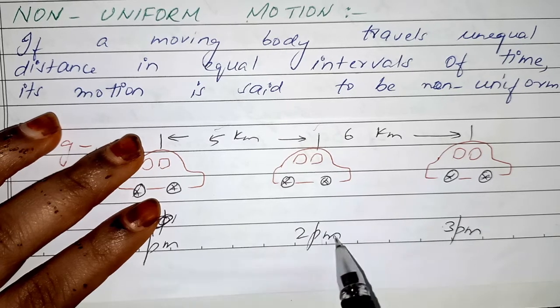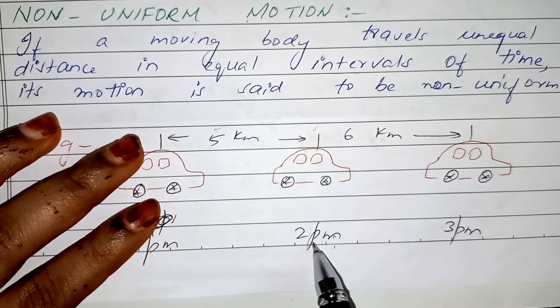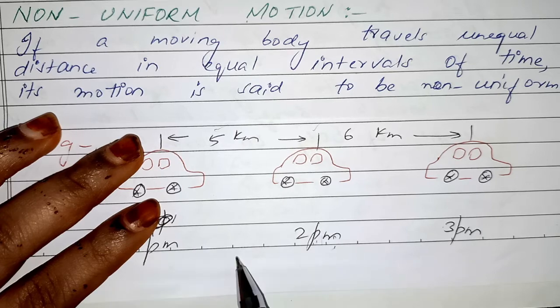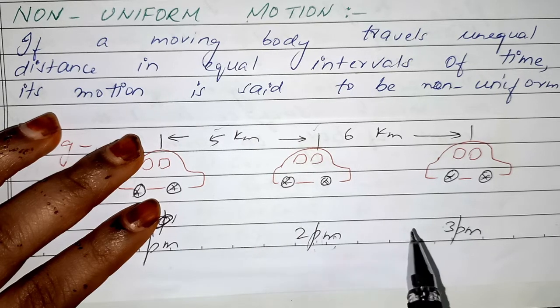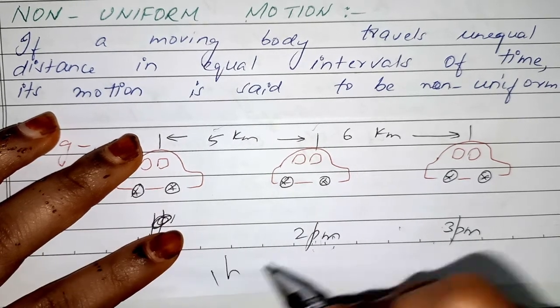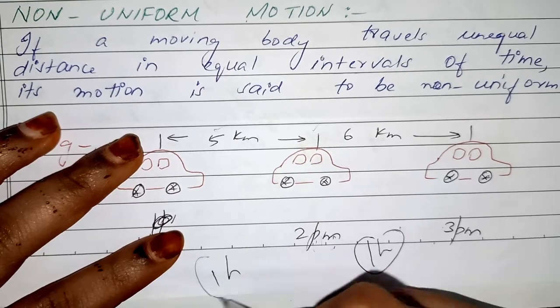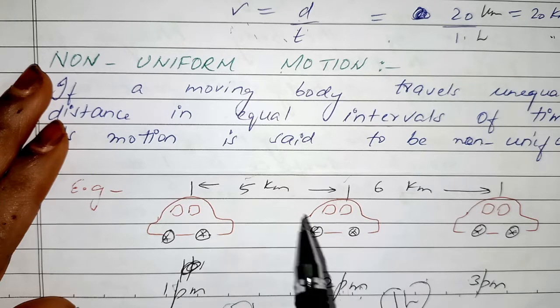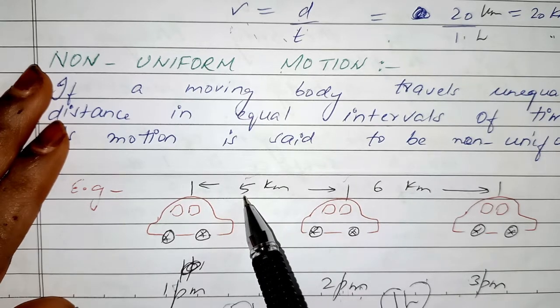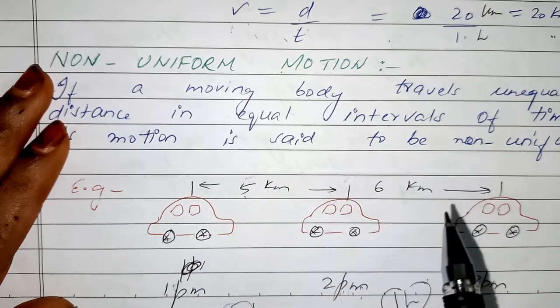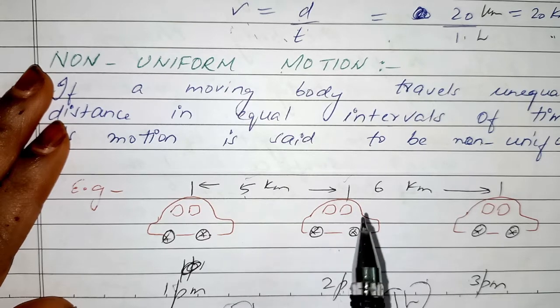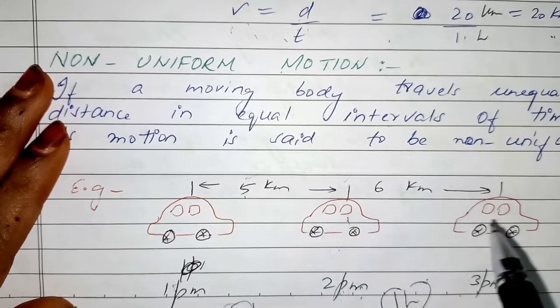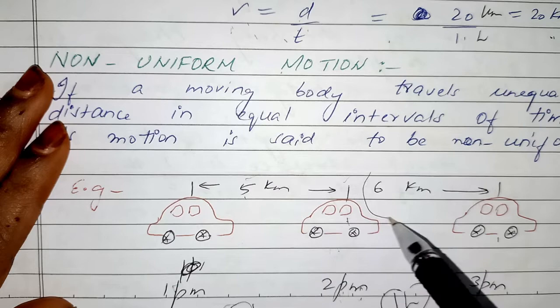For example, again this is 1 p.m., 2 p.m., 3 p.m. What is the difference between the timings? 1 p.m. to 2 p.m., 1 hour. From 2 p.m. to 3 p.m., again it's 1 hour. So the time difference is 1 hour. And what is the distance? From 1 p.m. to 2 p.m., it traveled a distance of 5 kilometer. And from 2 p.m. to 3 p.m., it covered a distance of 6 kilometer.